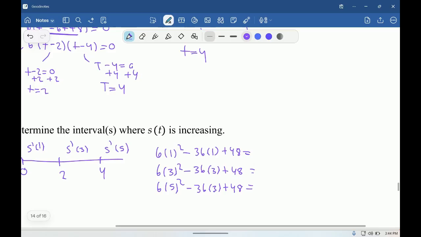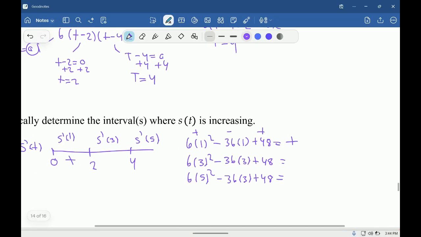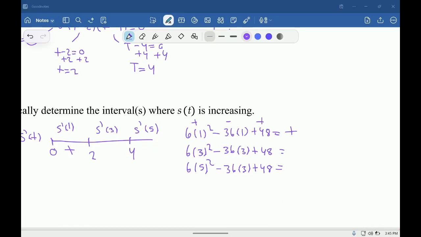We just need to know if they're going to be positive or negative. So it's going to be positive, negative, positive. The first interval is going to be positive, and this one is positive. The middle one is going to be negative, and the last one is going to be positive, but a lot bigger than the others.